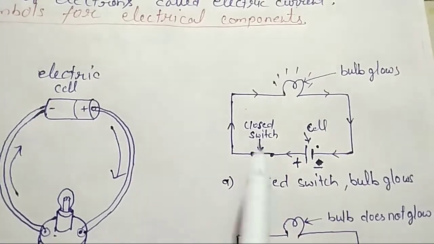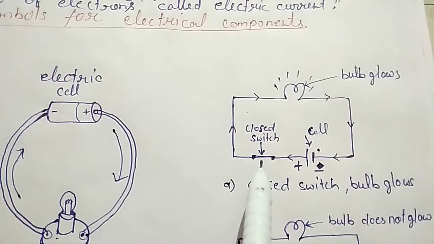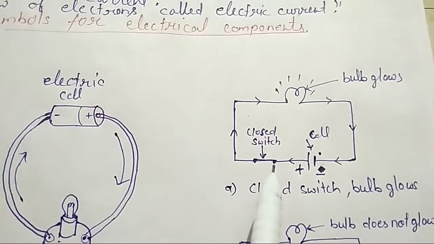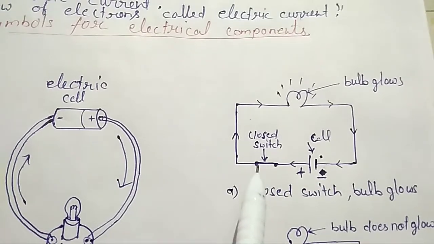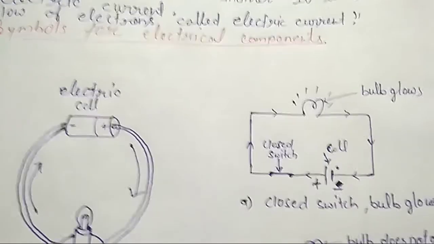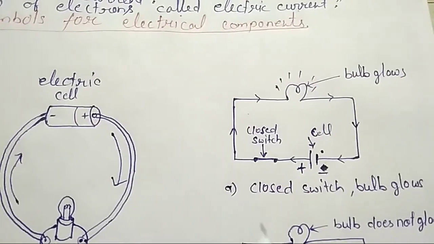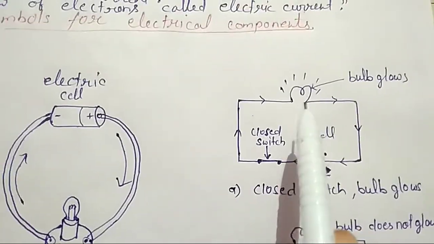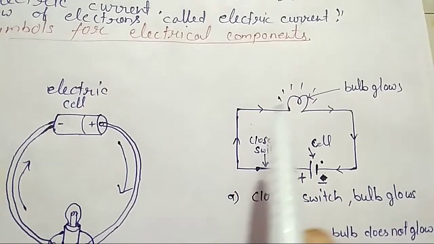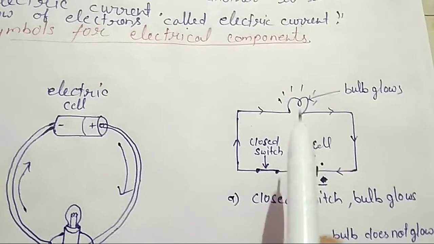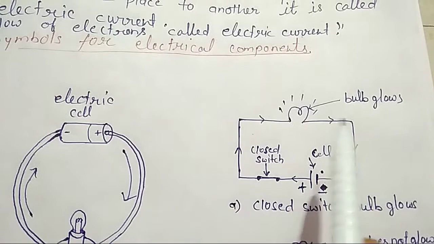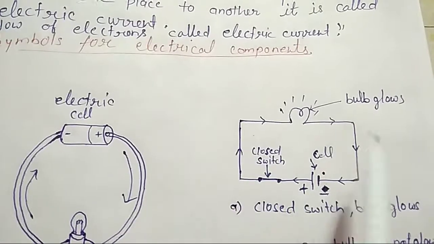This is a closed switch, means this is a closed path. The switch is on. That's why electricity is flowing in this path, and the bulb glows. When electricity passes from the positive terminal to the negative terminal, the bulb glows. So we can say here electricity is moving or electrons are moving.